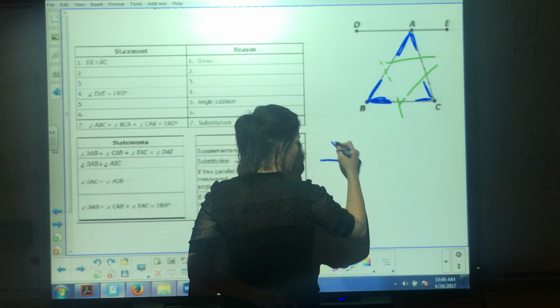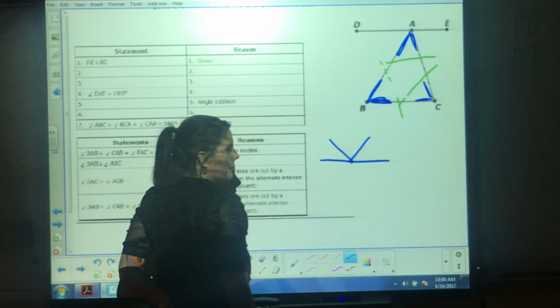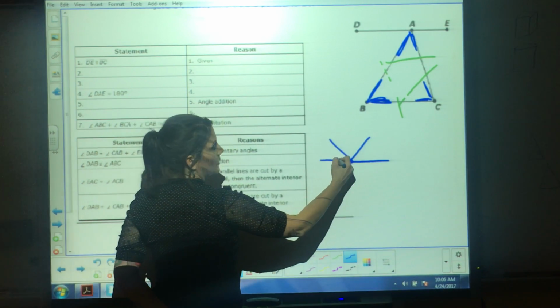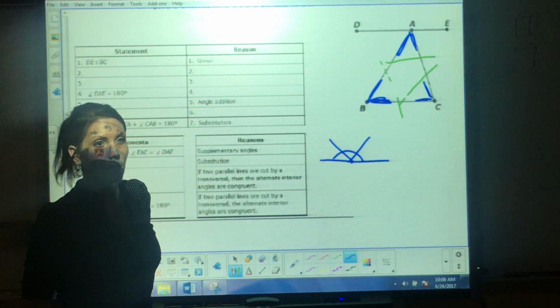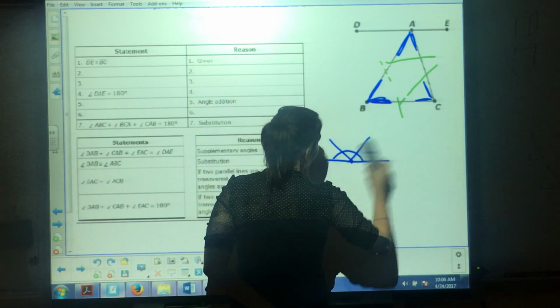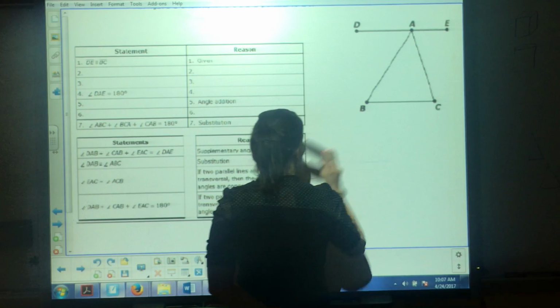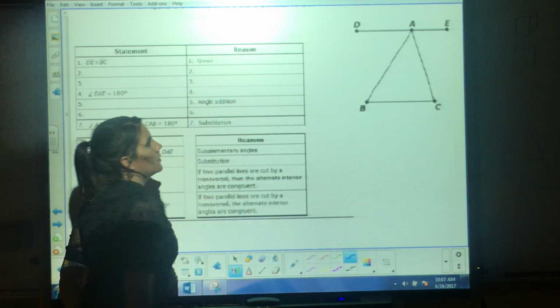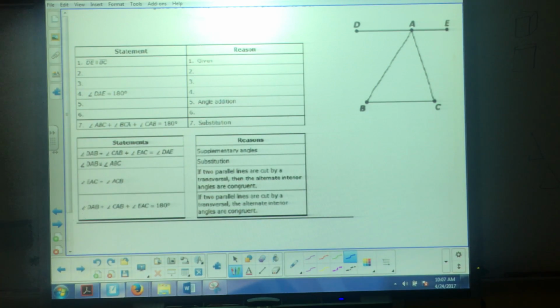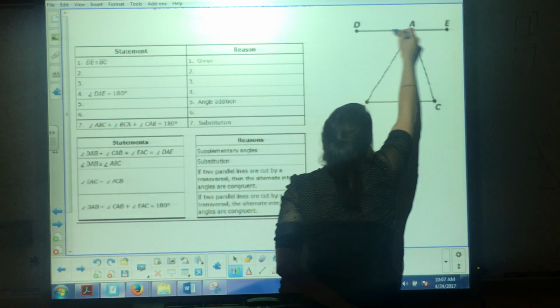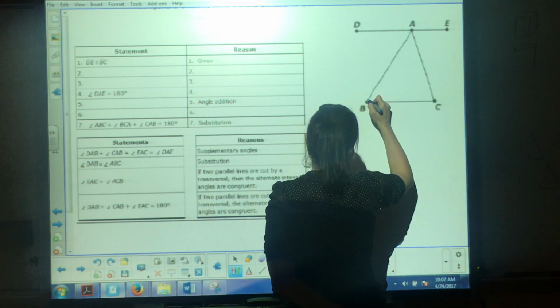Remember, that showed they all add up to 180 degrees. Here's the deal: because they started off talking about these two being parallel, we now need to go from there.